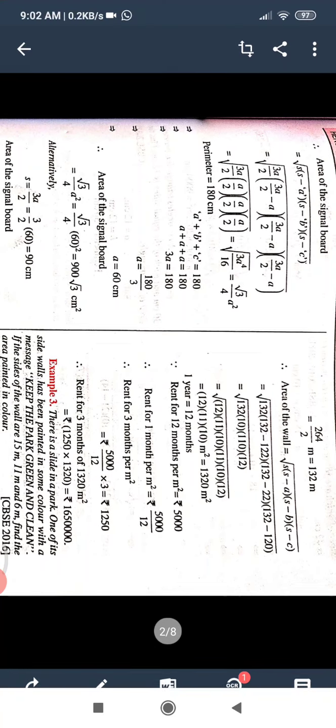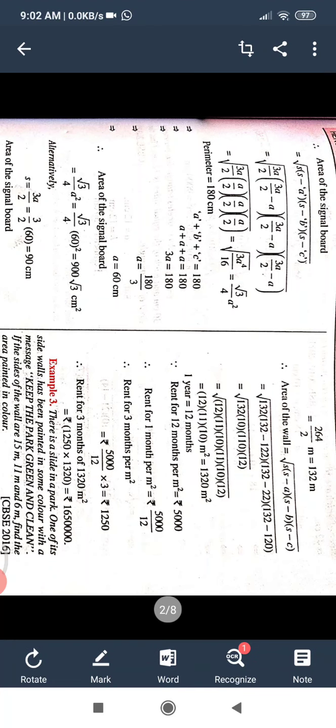In another way also we can find it using s minus a, s minus b, s minus c. Now root 3 upon 4 a square, with a equal to 60: 60 square, 60 multiplied by 60. 4 and 60 will cancel, 15; 15 times 60 is 900.